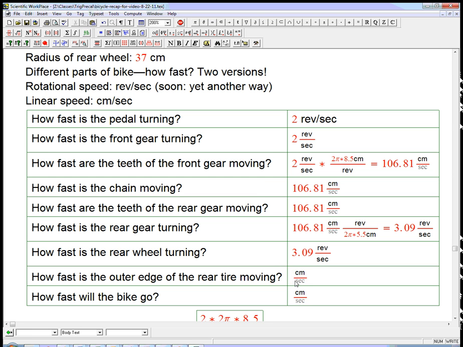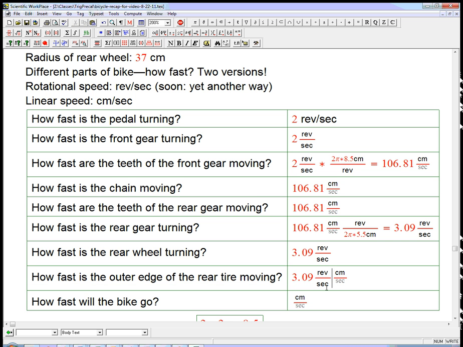And we figured out on Friday that if we could turn the bike upside down and figure out how fast a thorn on the tire is moving, that's going to be the same as this number of how fast the bike goes. So we have to convert again. 3.09 revolutions per second. And so now we're converting, but with a different radius. Now we finally use the 37. So we have 2 pi times 37 centimeters per revolution.